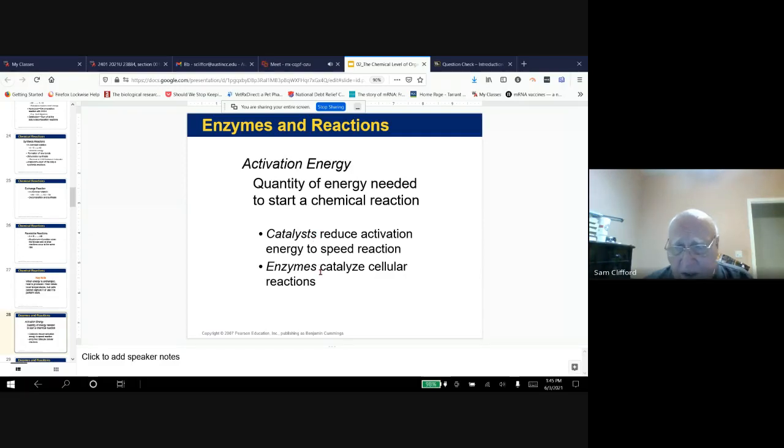Enzymes are cellular catalysts in our body, and of every living organism on the face of the earth, enzymes are used to carry out reactions. COVID uses enzymes. We use enzymes. Proteins are enzymes, and they cause reactions to occur in living organisms.